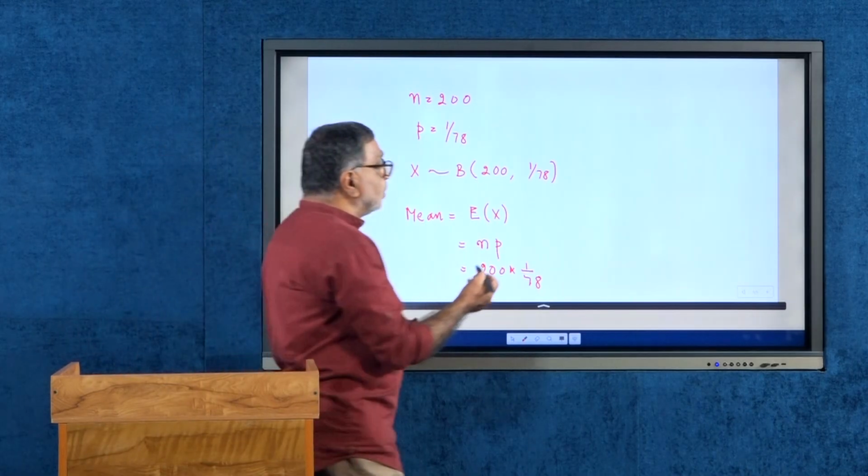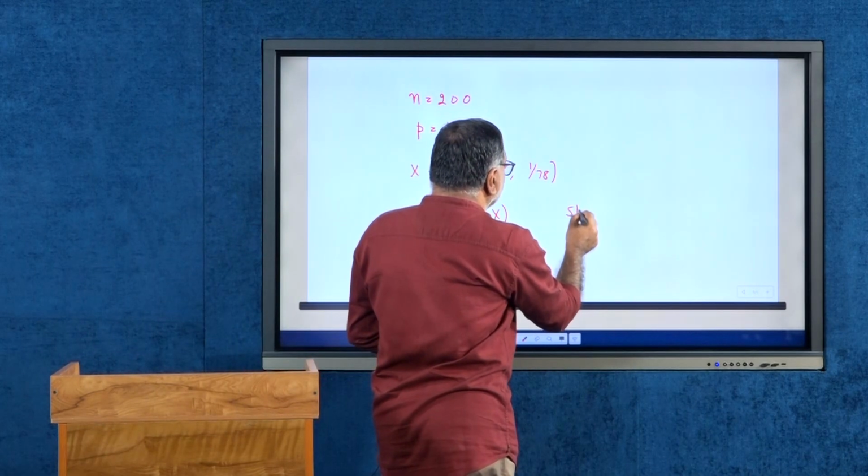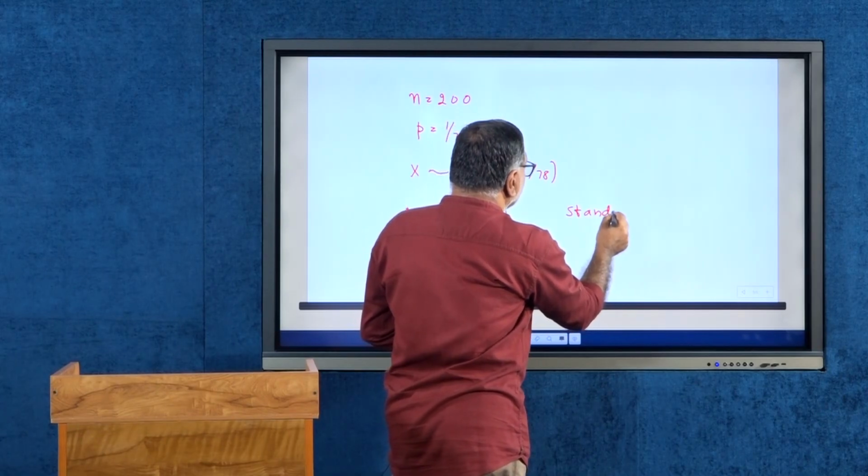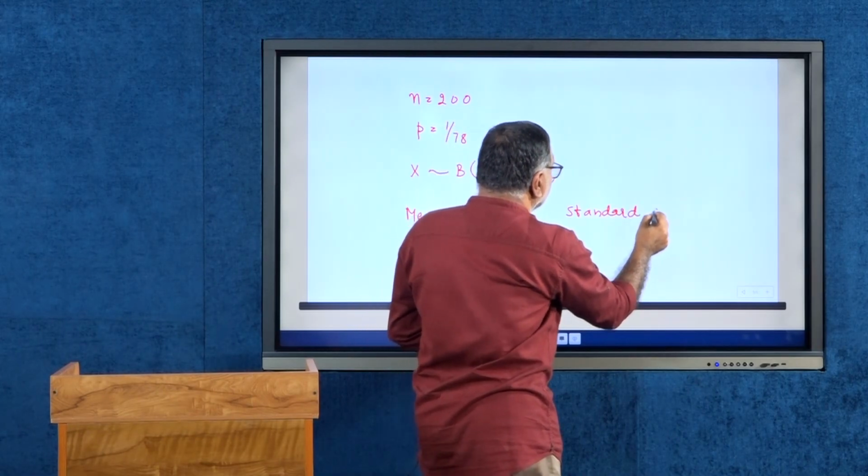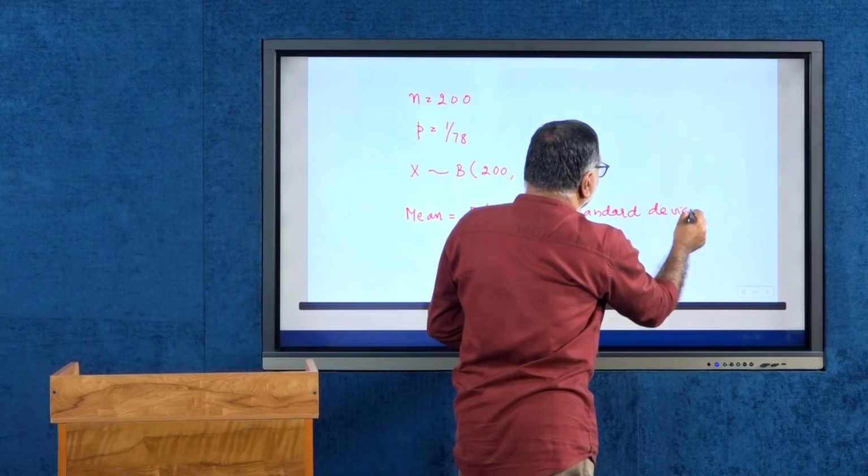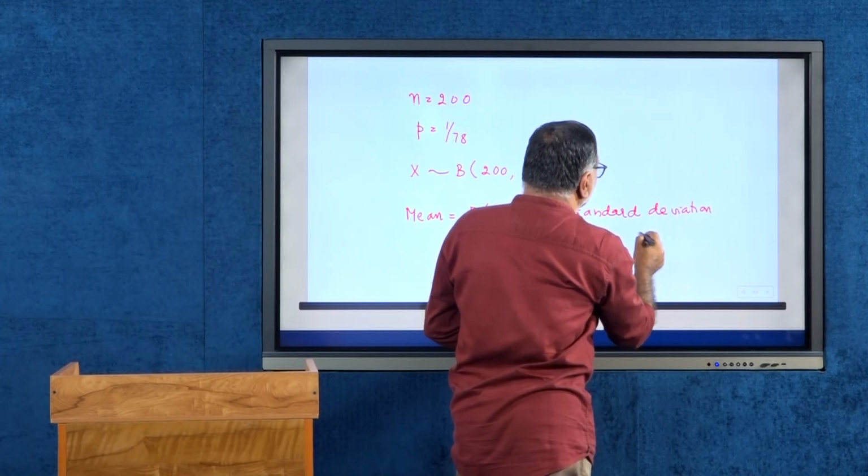Similarly, standard deviation. We know the standard deviation is the square root of the variance.